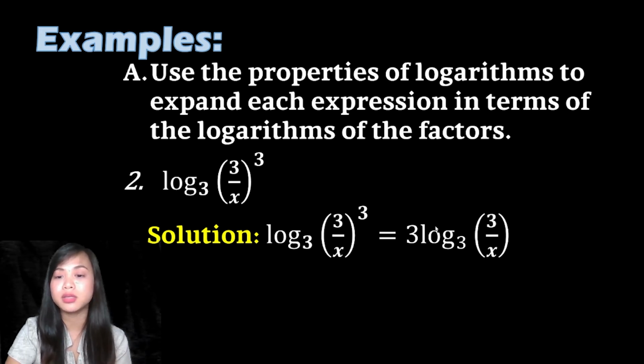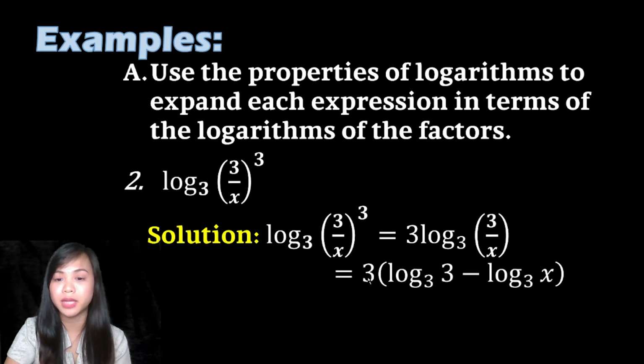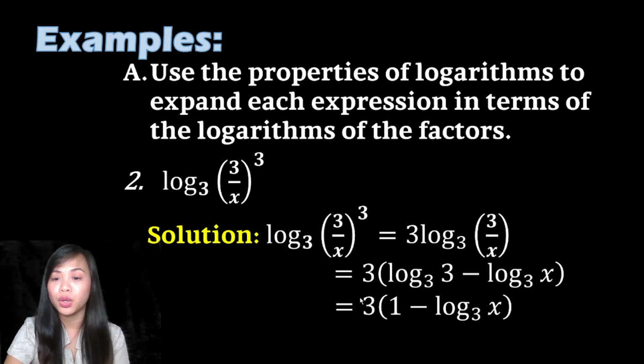Now let's use the quotient rule on log base 3 of 3 over x. So we have 3 multiplied by log base 3 of 3, the numerator, minus log base 3 of x, which is our denominator. When we simplify this, we have 3 times 1 minus log base 3 of x.